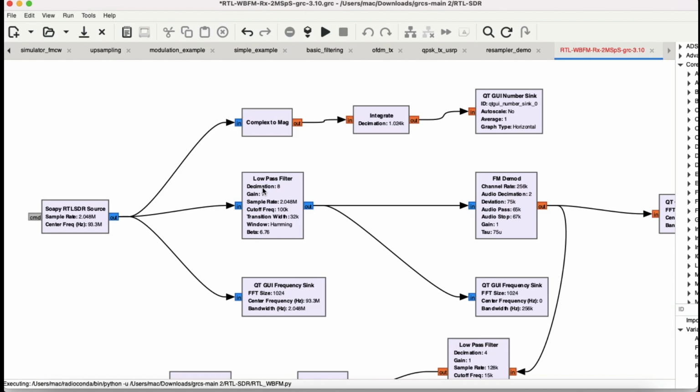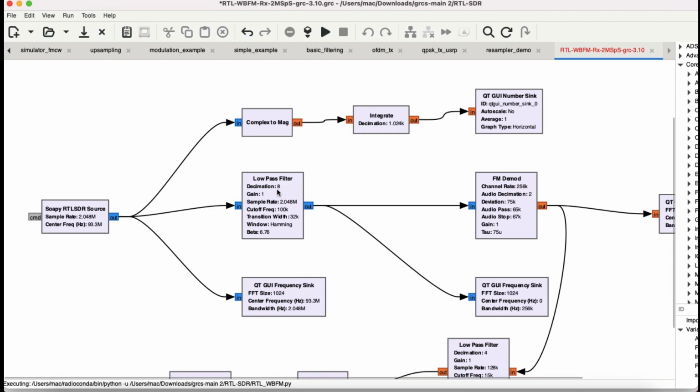I think I've explained this quite well in different videos as well. So right now the sample rate is coming out at 2.048 and you have a cutoff frequency that is set to 100 kilohertz, and the signal is being decimated.